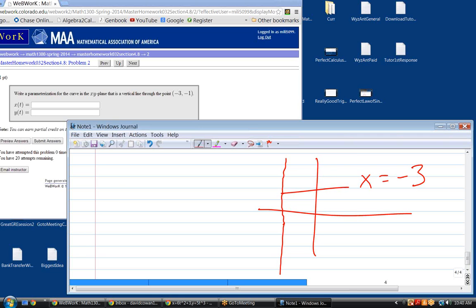So how would we do this? We know the slope is undefined.